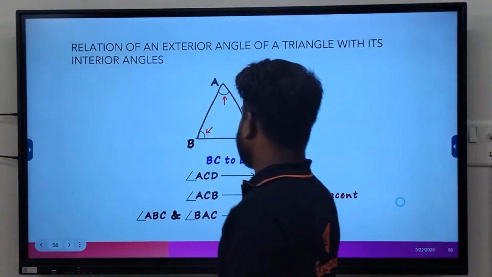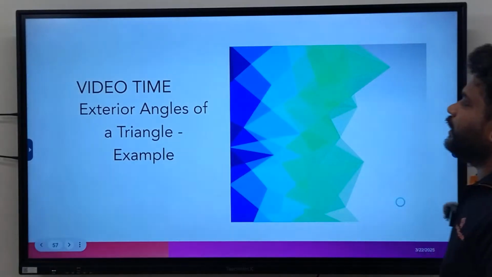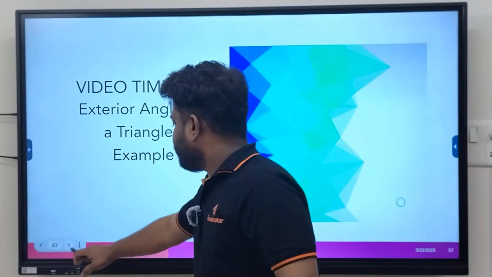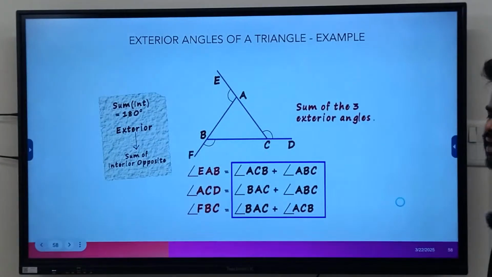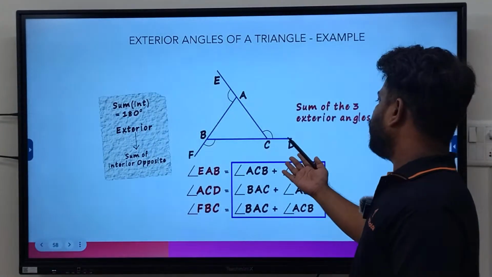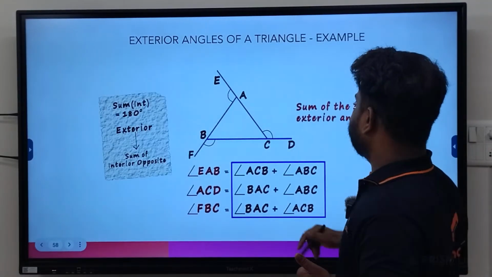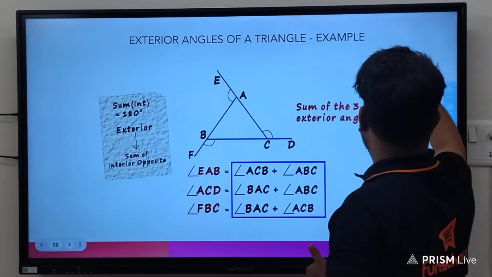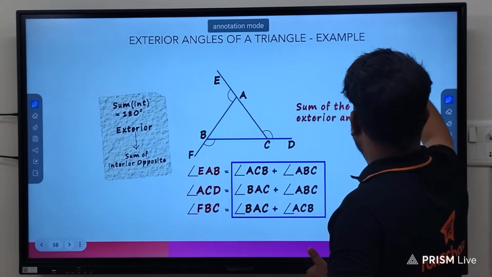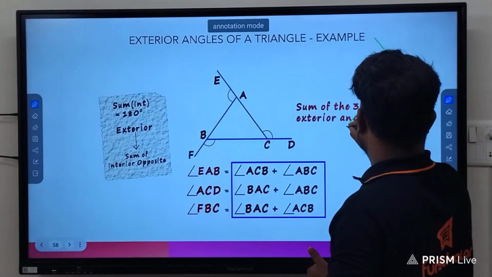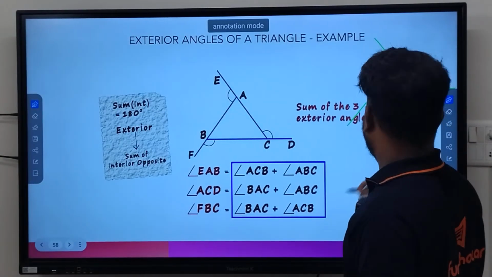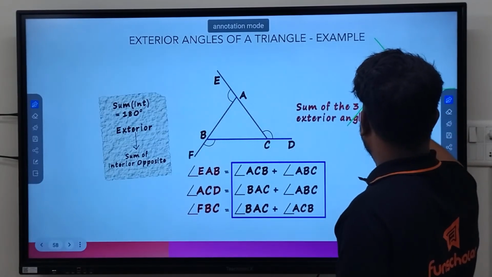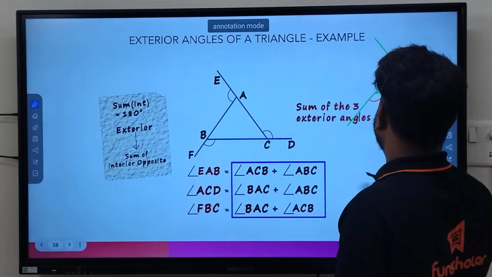Okay, let's go further. There is another video, on the exterior angles of a triangle. I am not playing it, you guys already know that. Maybe you already wondered how it becomes so. If I draw a triangle like this and extend every side of it, then the angles formed will be called the exterior angles.